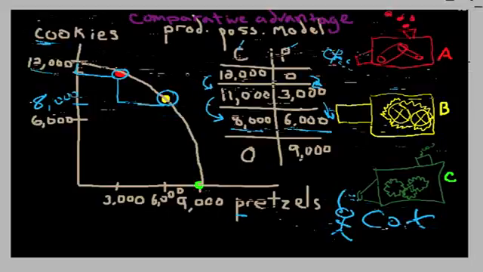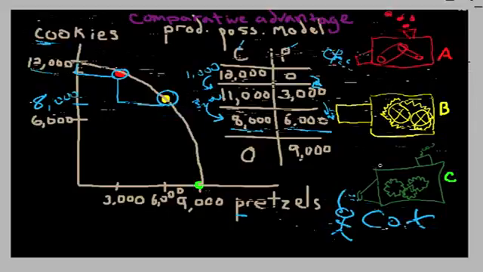That's the same thing going on. You lose 1,000 cookies. How about machine B? Well, machine B would lose 3,000 cookies. The increase in the opportunity cost is that you're losing more cookies when you turn machine B on to make pretzels than A. A has a comparative advantage over machine B.